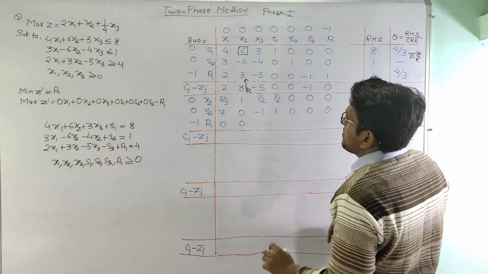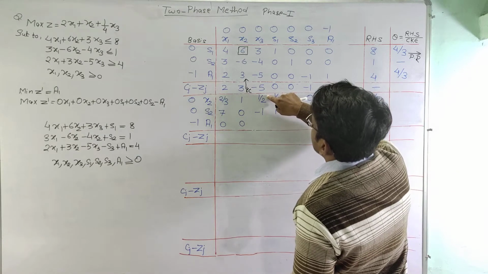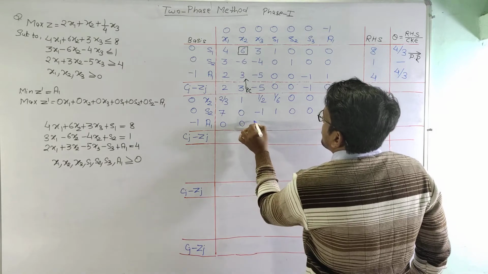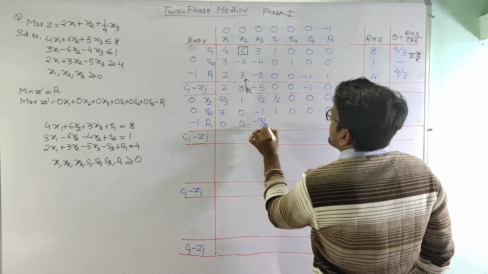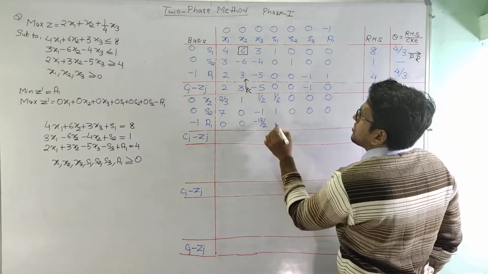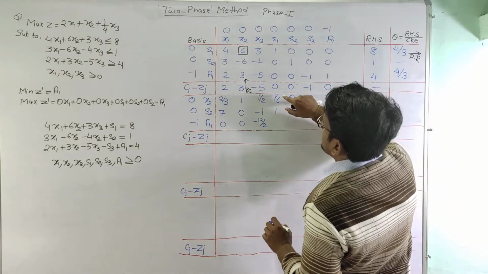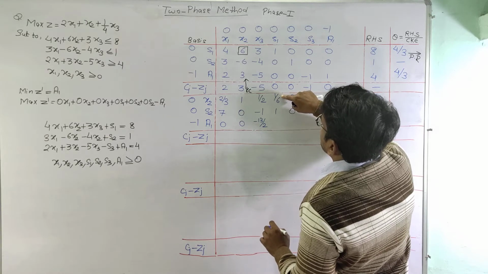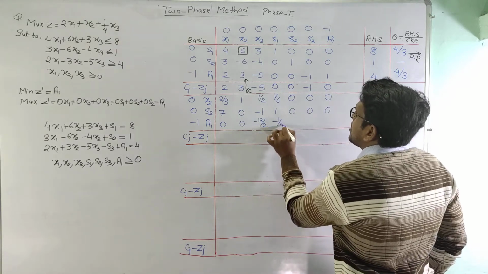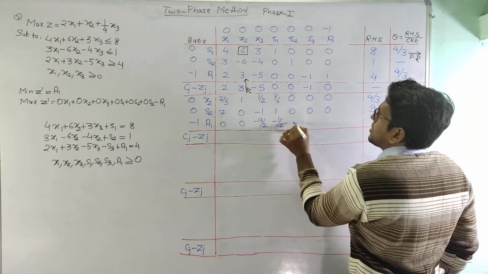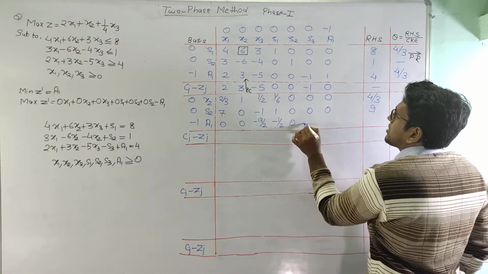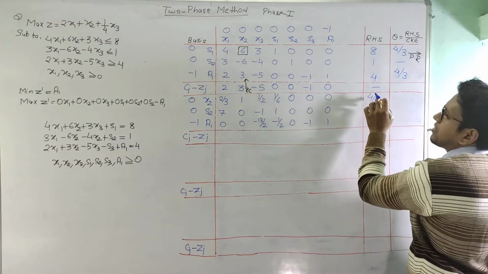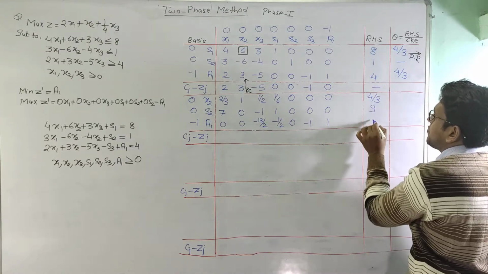This will be minus 5 minus 3 by 2, which is minus 13 by 2. 0 minus 3 by 2 will be minus 1 by 2. This will be 0 minus 3 times this is 0. This will be minus 1. Similarly, this will be 1. 4 minus 3 times this, 4 minus 4 will be 0.